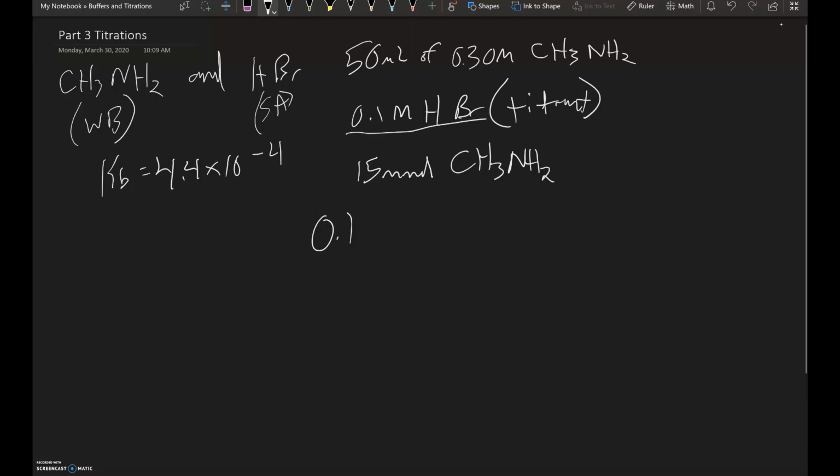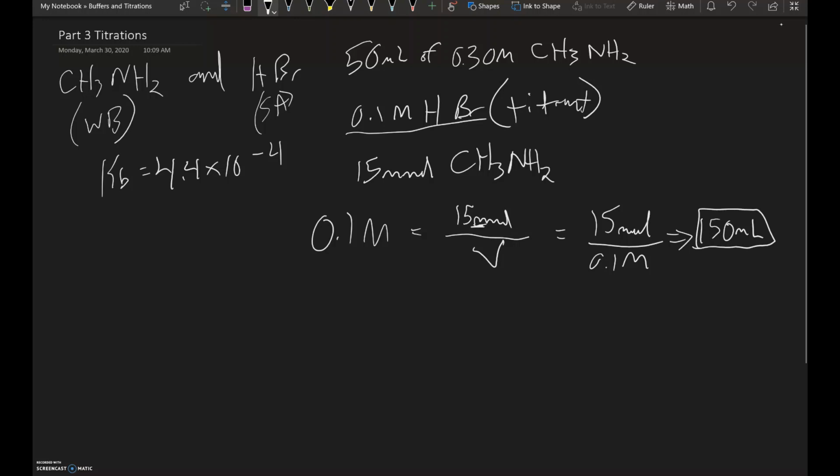So, setting this up in the molarity equation, we need to solve for V, the volume. This volume will be in liters, and we can convert it into milliliters, but we don't necessarily have to, because the number of moles is actually in millimoles, so that's going to give you milliliters. Just doing some simple algebra, we take the 15 millimoles and divide by 0.1 molar, and that gives you 150 milliliters.